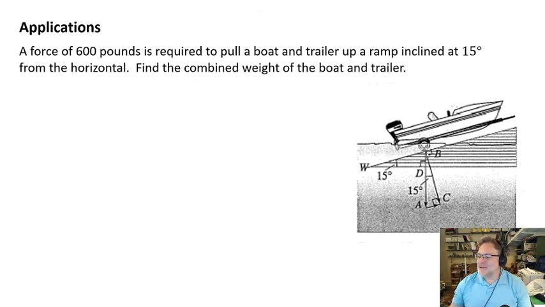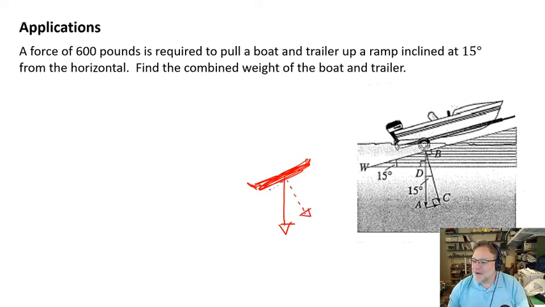Okay, and so the geometry of this is a little interesting here. So if I've got the boat here, there's my boat sitting on this ramp here, it's got a force of gravity that's always pushing it straight down here. But this force of gravity has a component that is hitting the ramp directly, but it's also got a component that's trying to push the boat back into the water, so to speak.